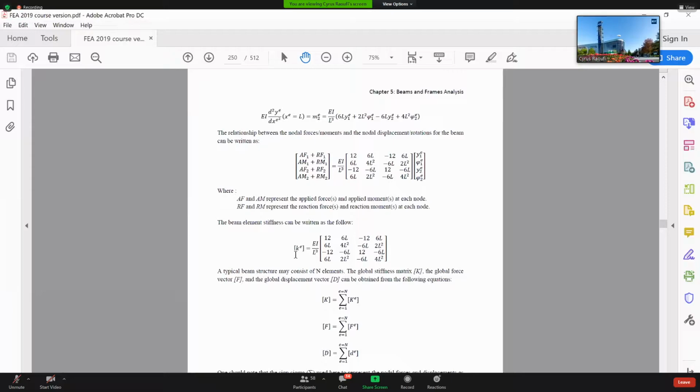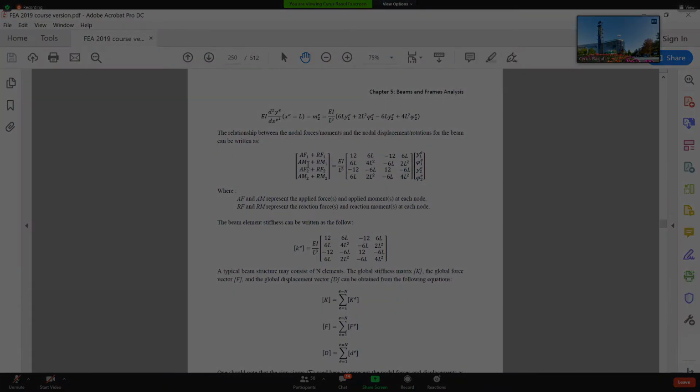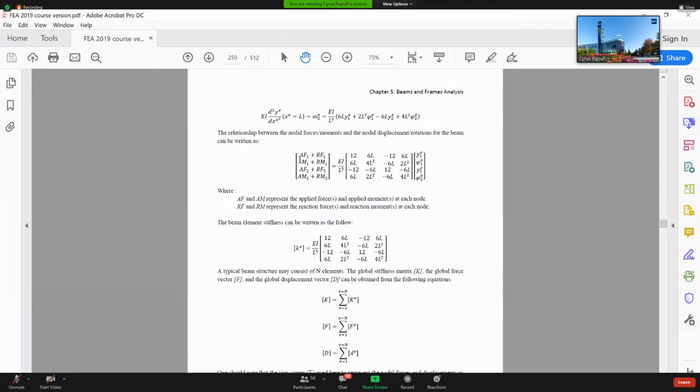But this is just for one element, and in this element we have node 1 and node 2. Let's see what's going on in terms of loading. We have AF1 plus RF1, applied force at node 1 plus reaction force at node 1. Also, this is the first time we have moment, an applied moment at node 1 plus reaction moment at node 1.